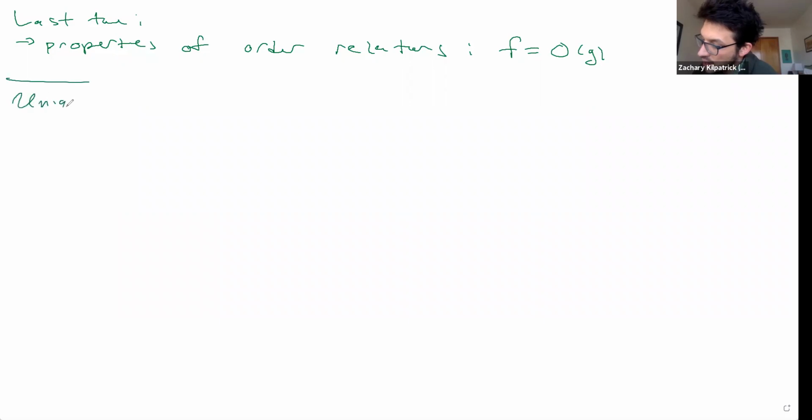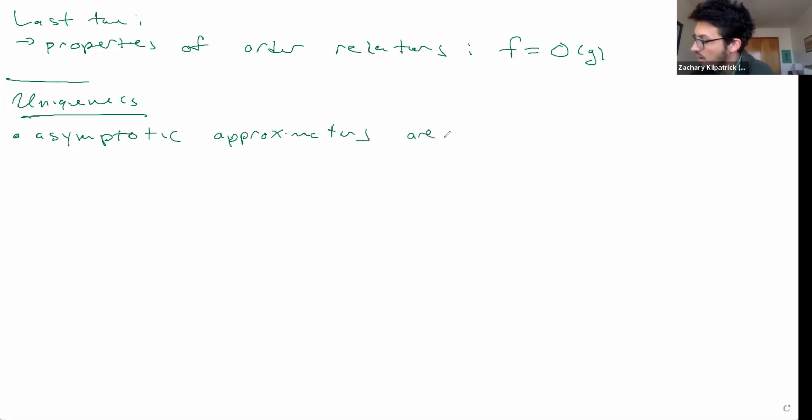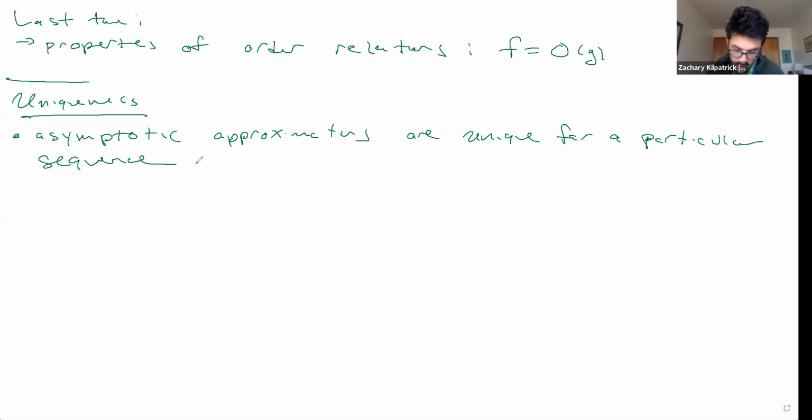I want to say a word about uniqueness. Asymptotic approximations are unique for a particular sequence, okay? This is an important point. For instance, delta n of epsilon may be something like 1, epsilon, epsilon squared, epsilon cubed, and so on.